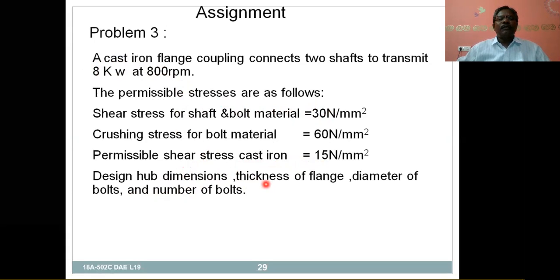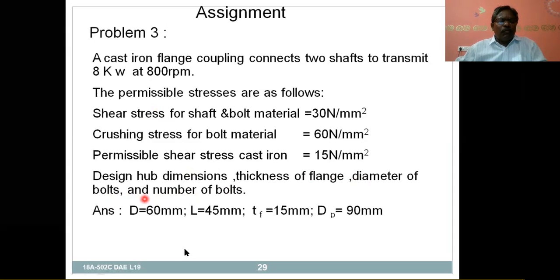The thickness of the flange can also be calculated, and you can check the flange also. The diameter of the bolts we can calculate, and the number of bolts can be kept based on the shaft diameter. Like this we can calculate this problem also without any difficulty. So the outside diameter of the hub is 60 mm, that means the shaft diameter is 30 mm, and L is given as 45 mm.